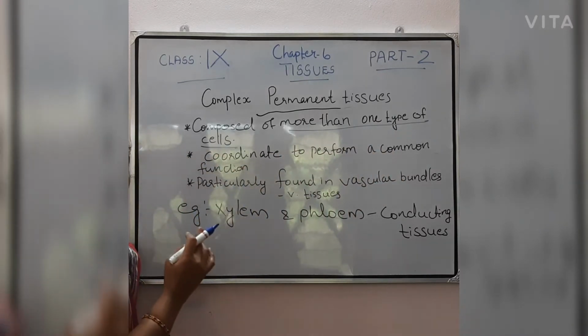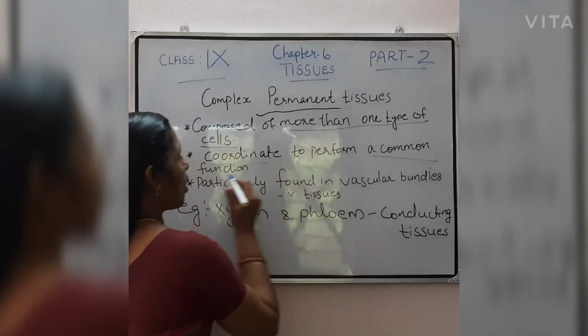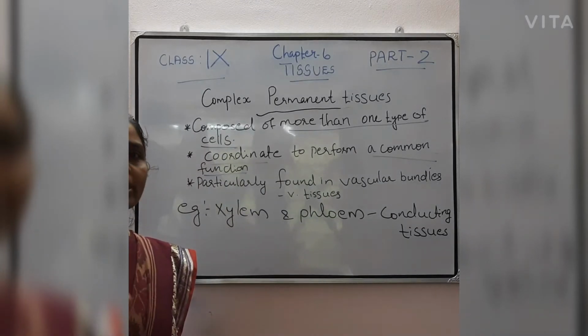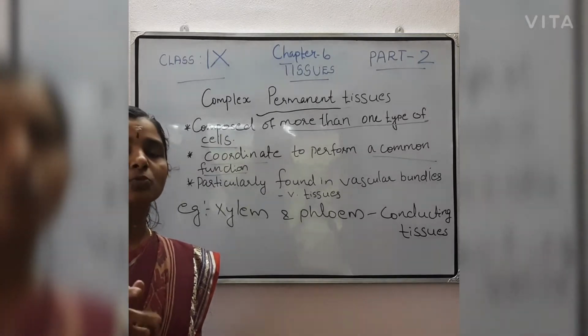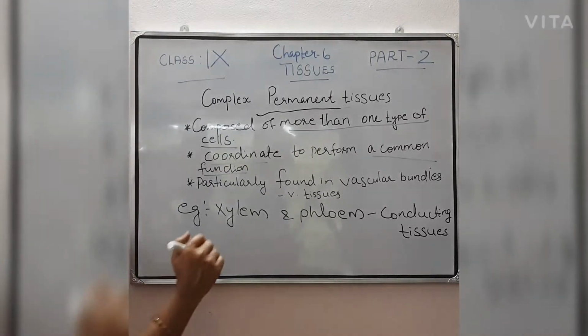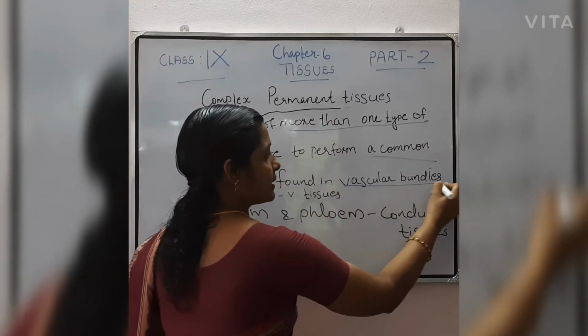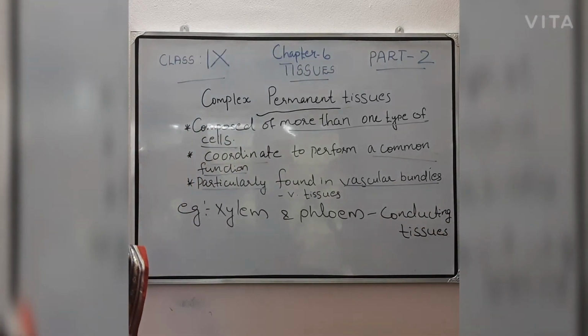All these different types of cells coordinate to perform a common function. That means, even though they are different, they are coordinated to perform a common function. Then these are particularly found where? In vascular bundles. So they are also known as vascular tissues. Which tissues are known as vascular bundles? That is xylem and phloem.